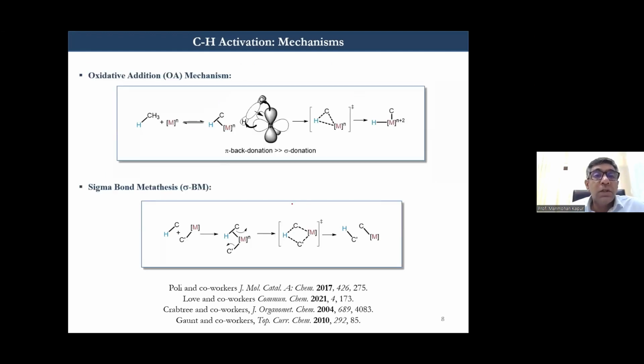And then we have the oxidative addition mechanism when electron-rich metals are involved, which involves a great pi back donation, which dominates over the sigma donation, leading to an agostic type of complex and the insertion of the metal into the CH bond. Because of this, the oxidation state of the metal goes up by 2. And then we have the sigma bond metathesis, in which, as the name suggests, there is a metathesis type of transition state, a 4-member transition state, leading to a new C-M bond.